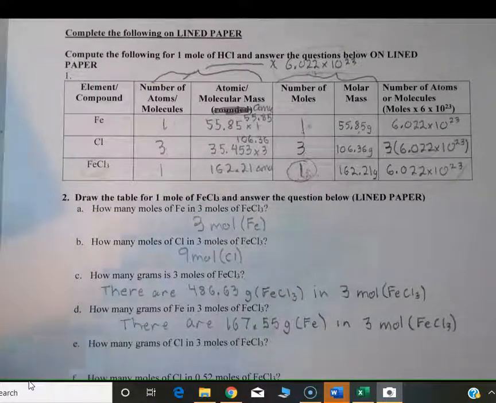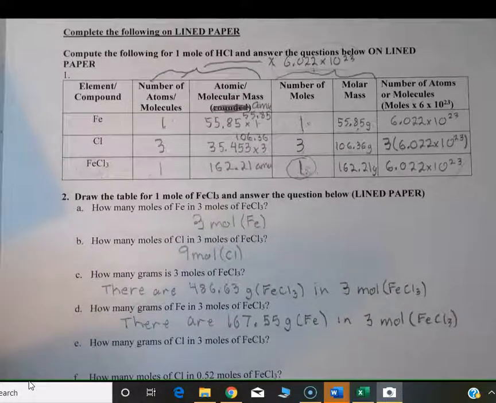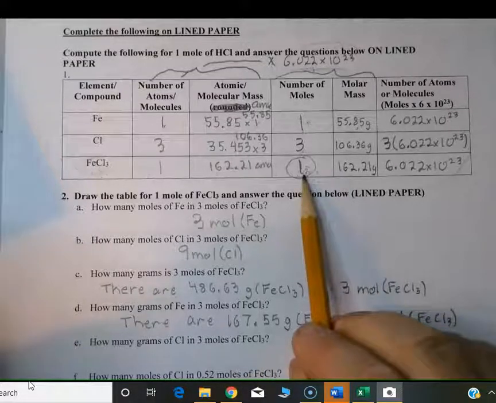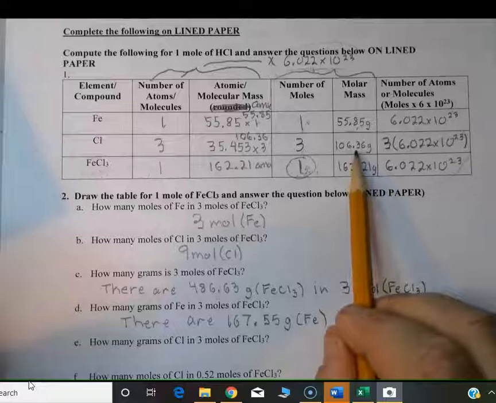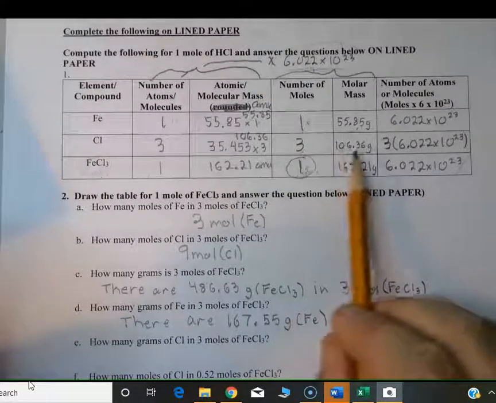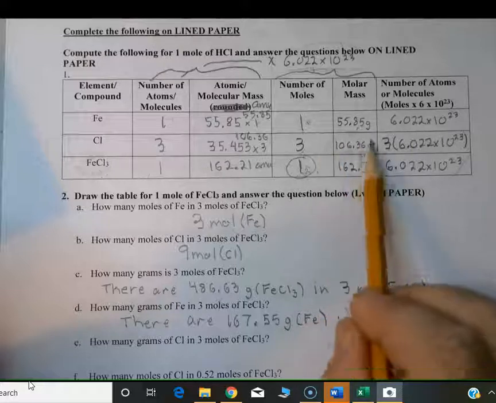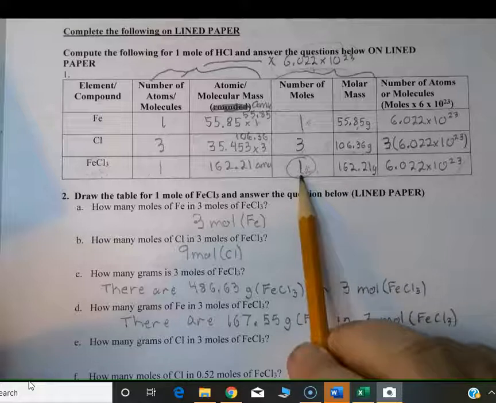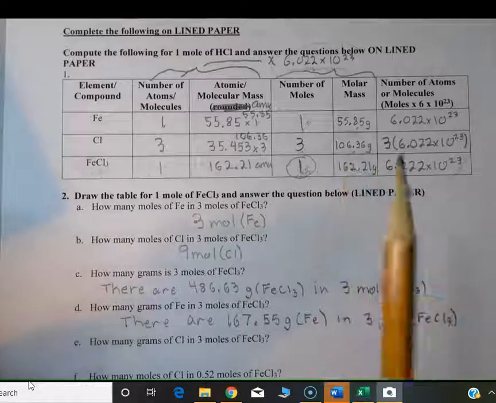Okay? Next question. How many grams of chlorine in 3 moles of FeCl3? So in 1 mole of FeCl3, there's 106.36 grams of chlorine. So I need that much chlorine for each mole of FeCl3. If I want 3 moles of that, I need 3 times that number.